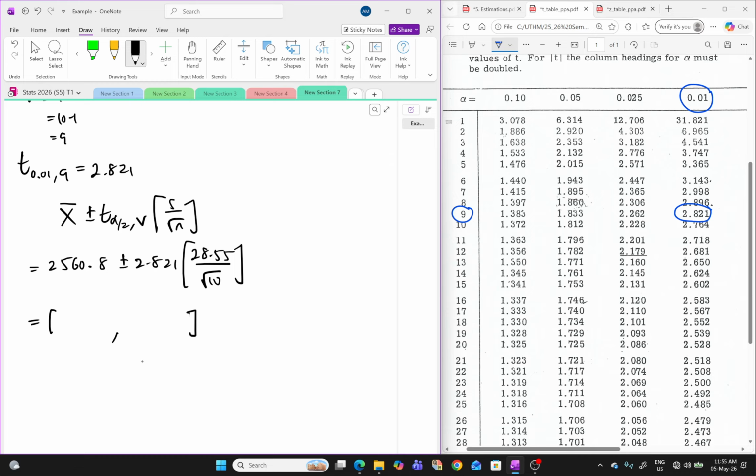Two numbers. Your answer should be 2533.33.